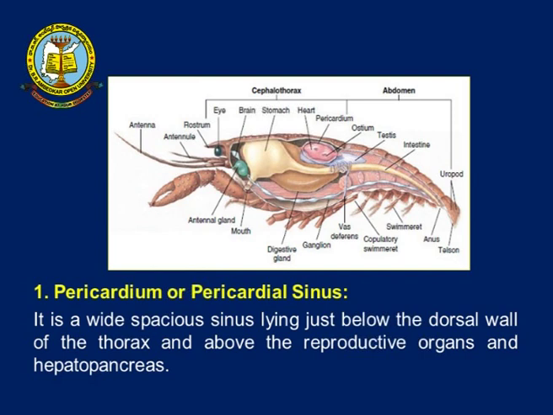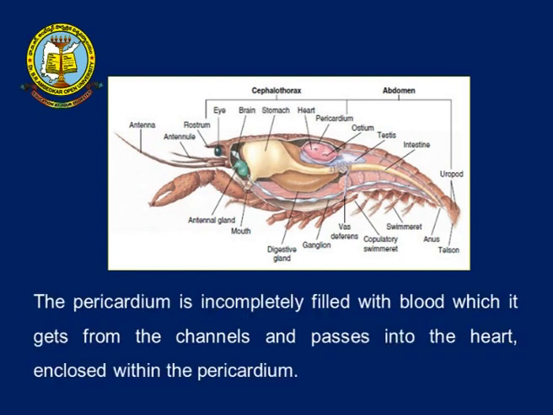The pericardium is incompletely filled with blood, which it gets from the channels and passes into the heart enclosed within the pericardium. So it is only a collecting space for the blood to enter, and from there it enters the heart.